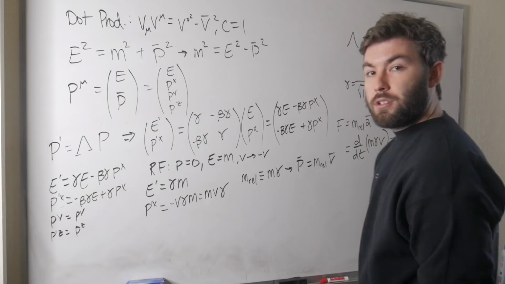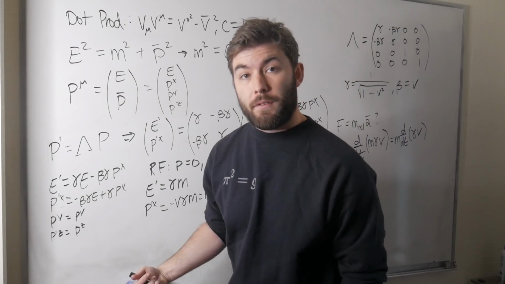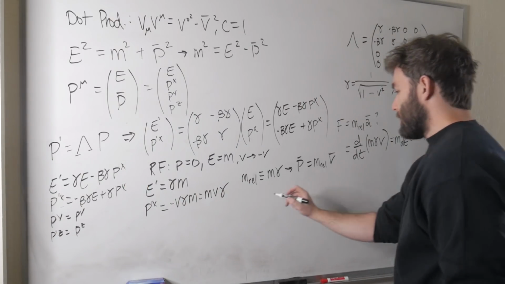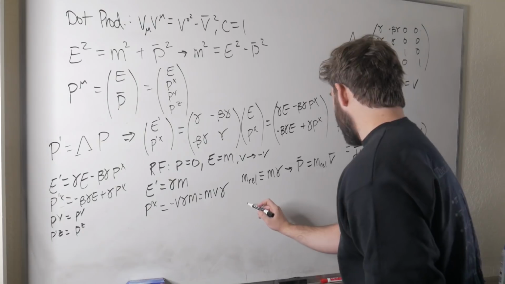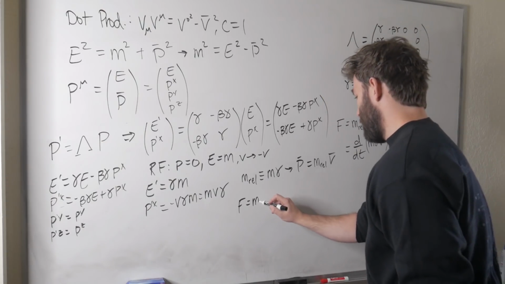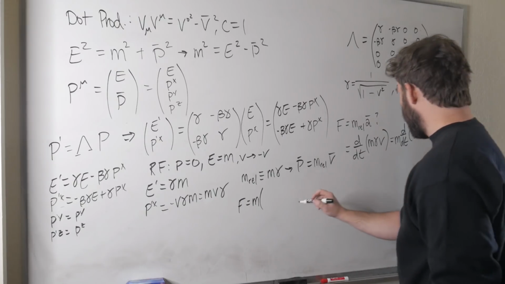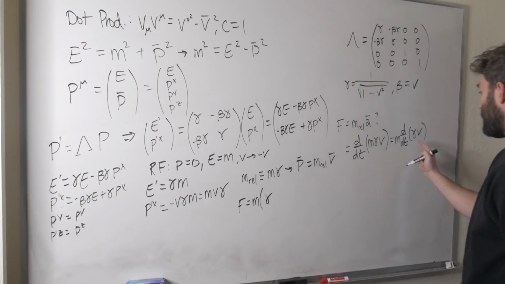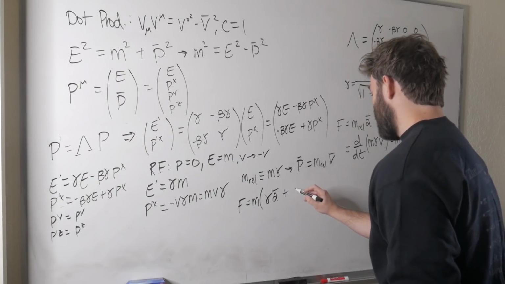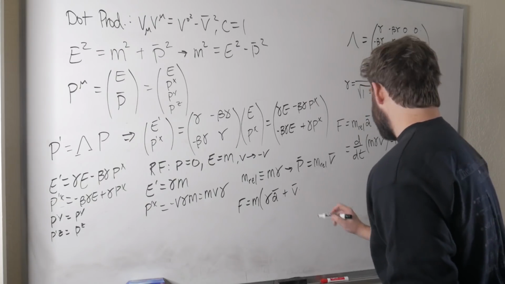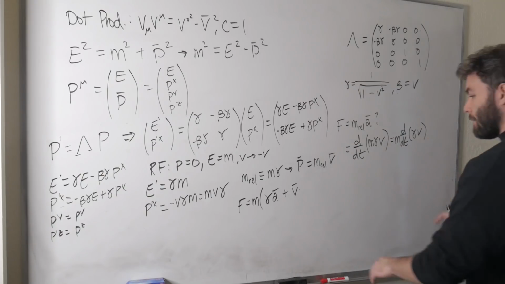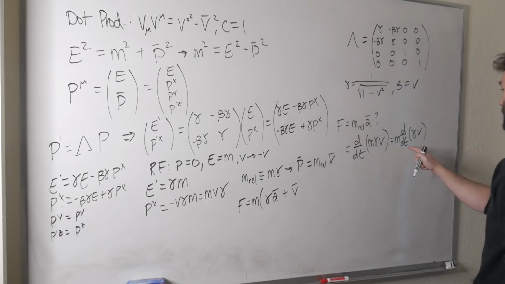But gamma is a function of velocity, and the velocity is a function of time. So you have to use the product rule when you take this derivative. This means that F is equal to m times the product rule: gamma dv/dt, which is a, plus v times d gamma/dt.